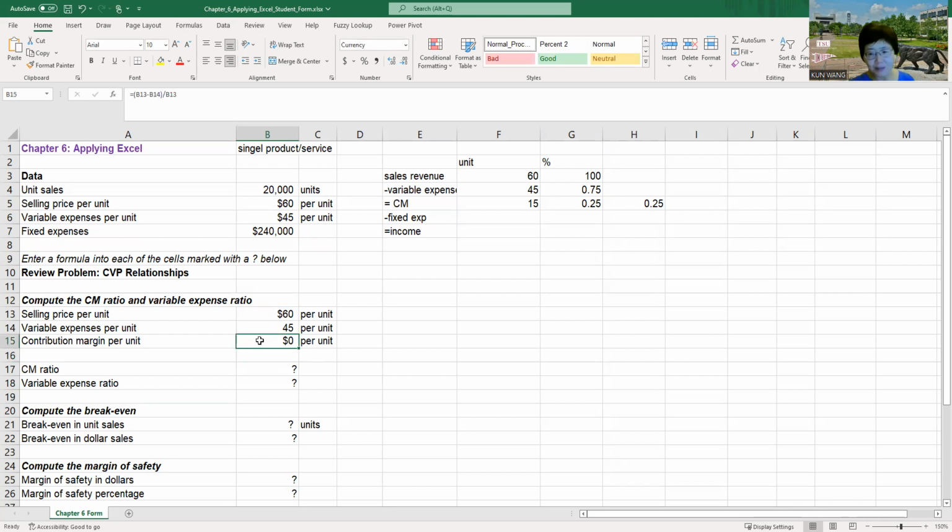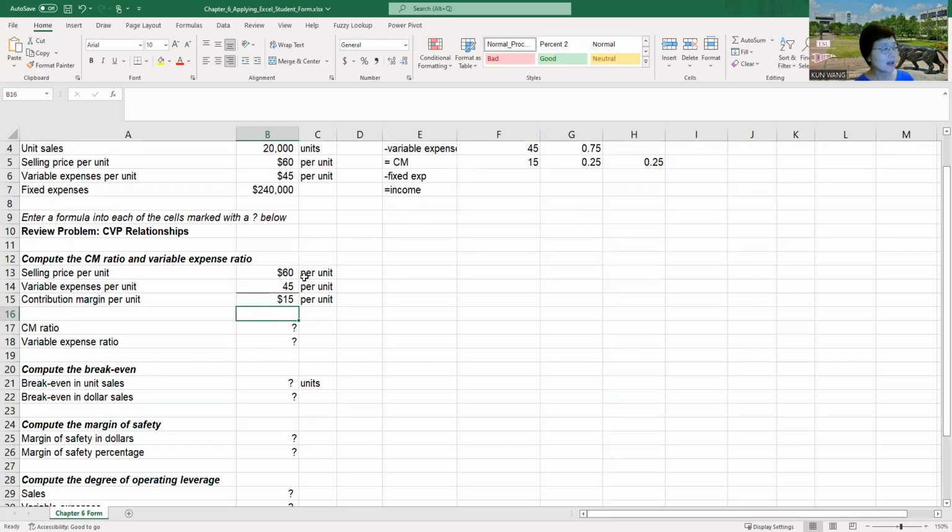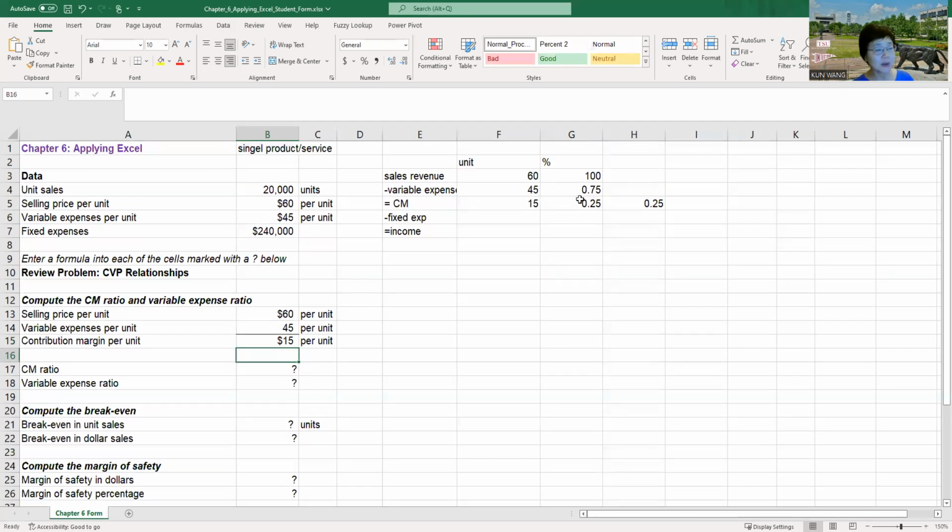Sorry, I'm completely reading it wrong. So only the contribution margin per unit. I made it harder. I thought about the ratio already. Yeah, that's exactly what we talked about. So B14, 45, 15. So $15. And then basically I'm going to see the 75% and 25%, right?